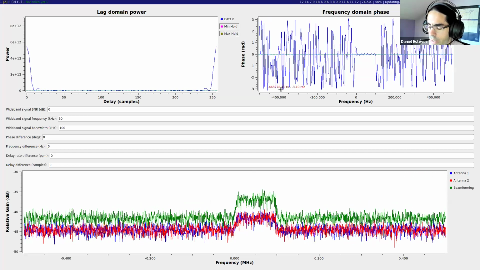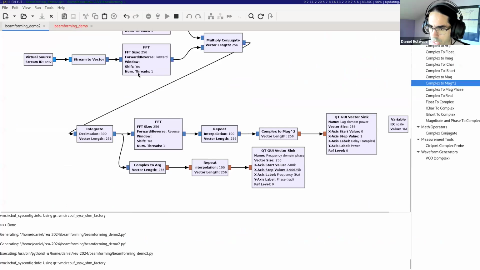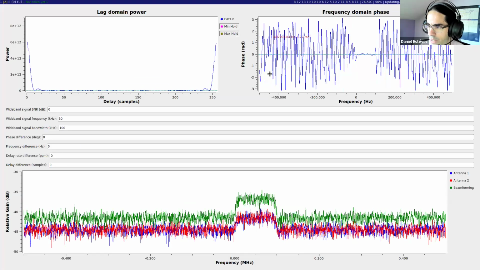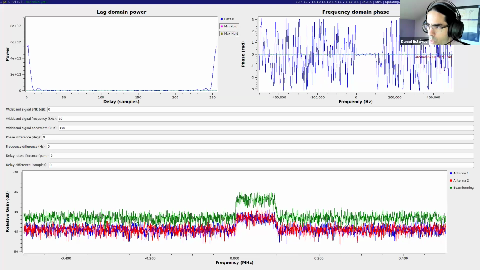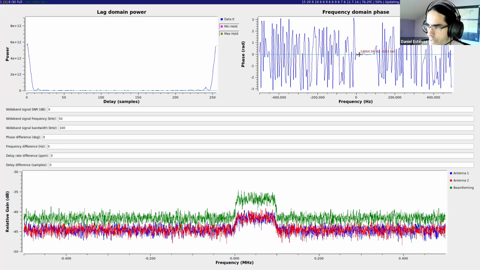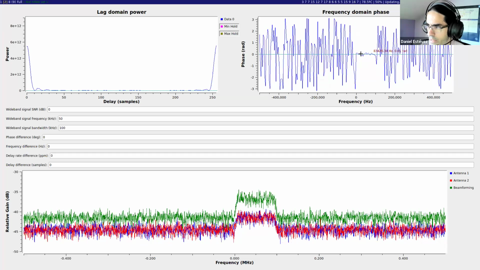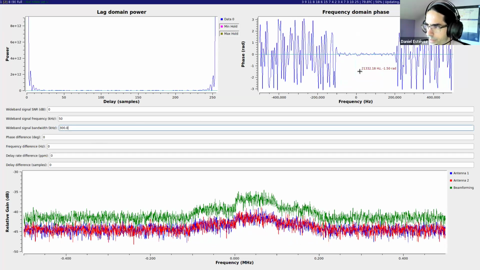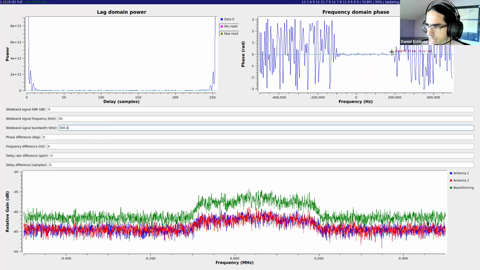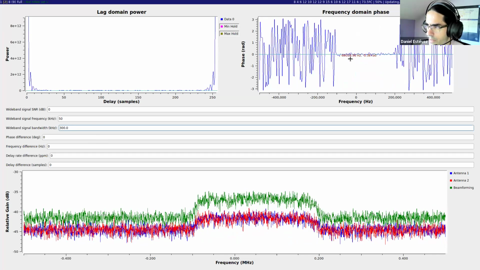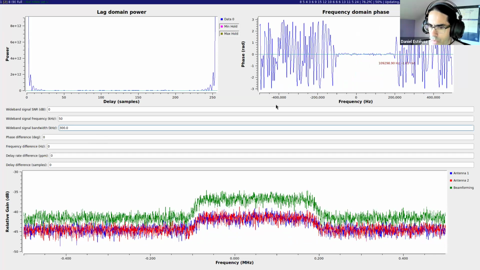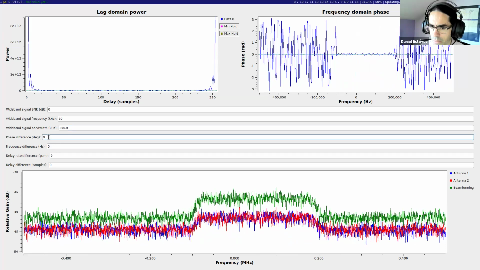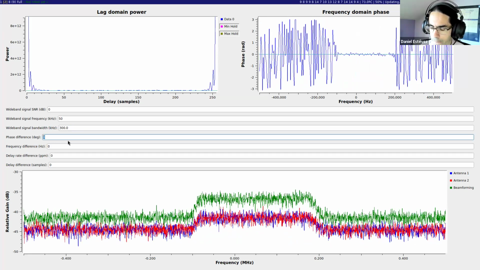So when we compute the correlation, this FX correlator thing, we are going to get a random phase value all over here. However, in the part where I do have a signal, and let me make that somewhat larger, in the part where I do have a signal, we can see that the phase difference is very close to 0, and that's to be expected because I have set my phase difference at 0.